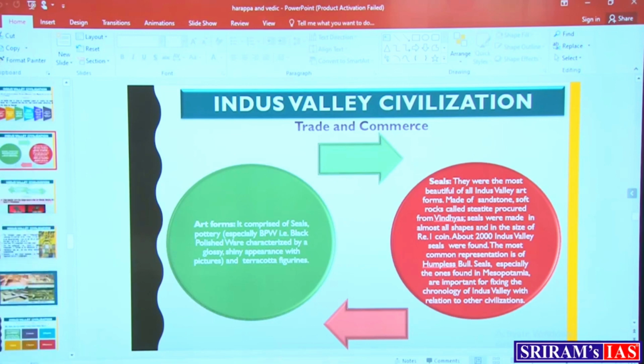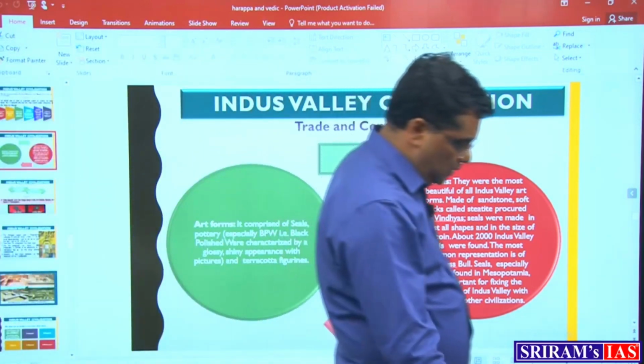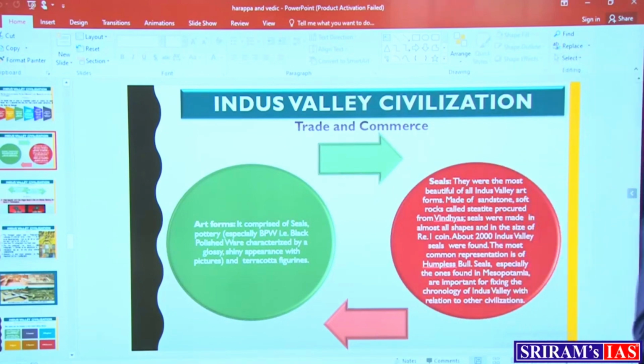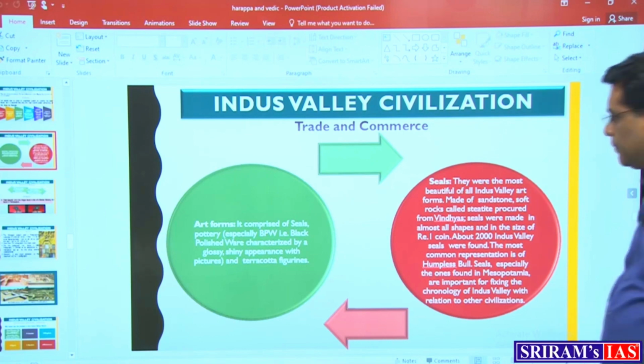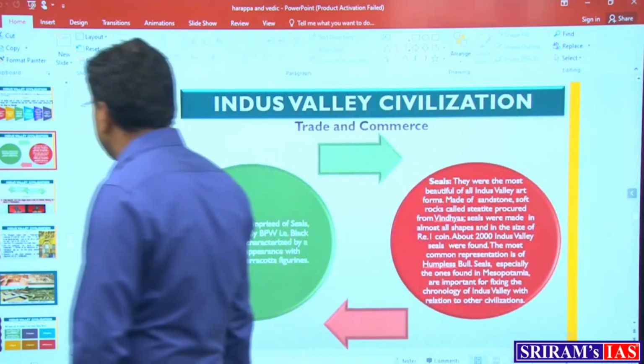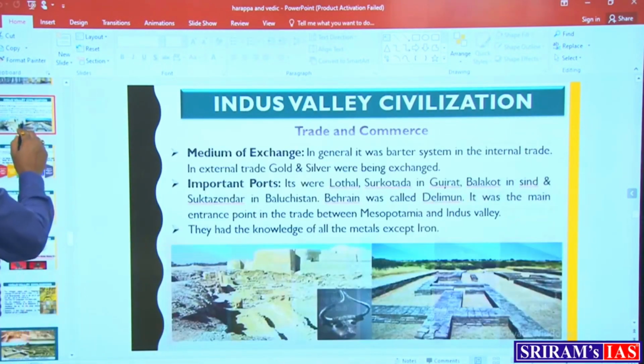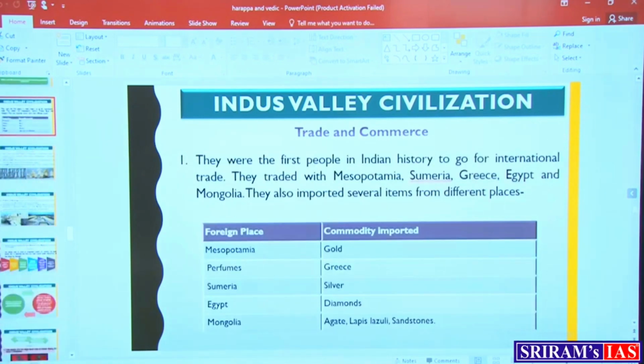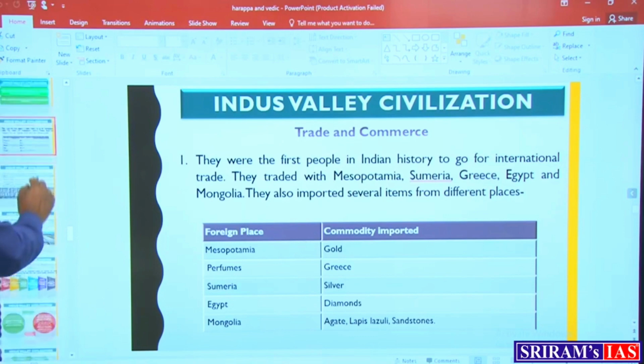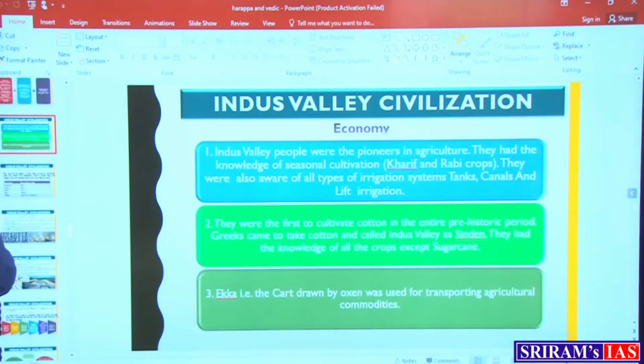So trade and commerce, they exercised internal as well as external trade. Internal trade was practiced by tribal method.